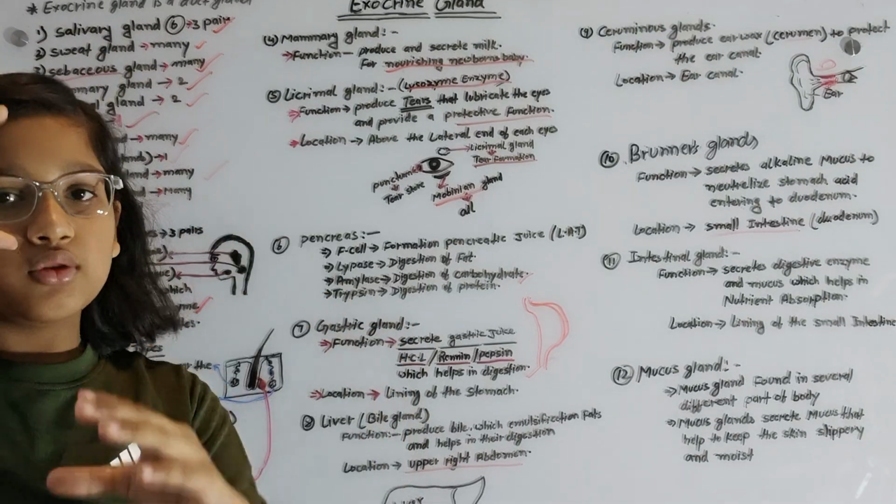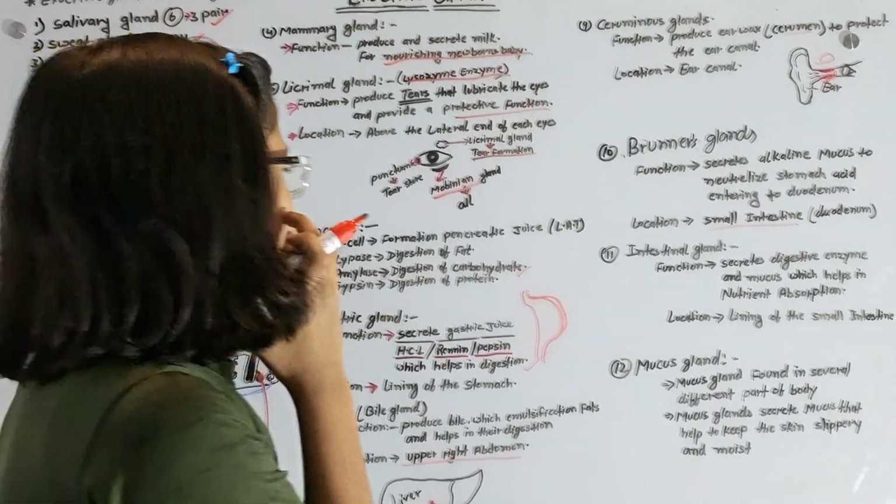There are three parts, duodenum, jejunum and ileum.